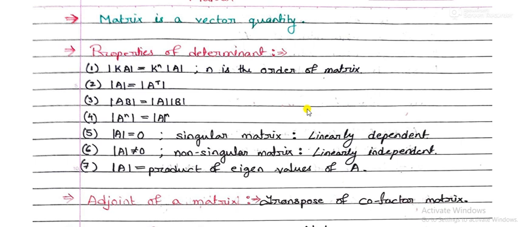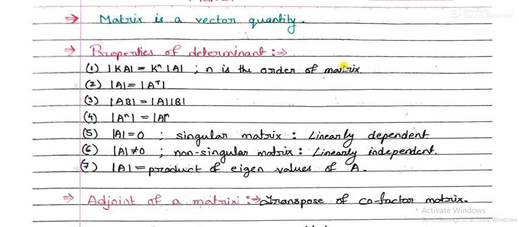So always you will get the determinant only for a square matrix, that is of the form n cross n, where n is the order of that square matrix.